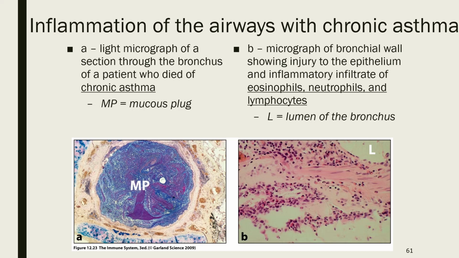Like here on this B panel, this is a bronchial wall. Now, the lumen looks basically narrowed, and they're showing a lot of eosinophils, neutrophils, and lymphocytes infiltrating into the epithelium, leading to all the symptoms and remodeling we've been talking about.